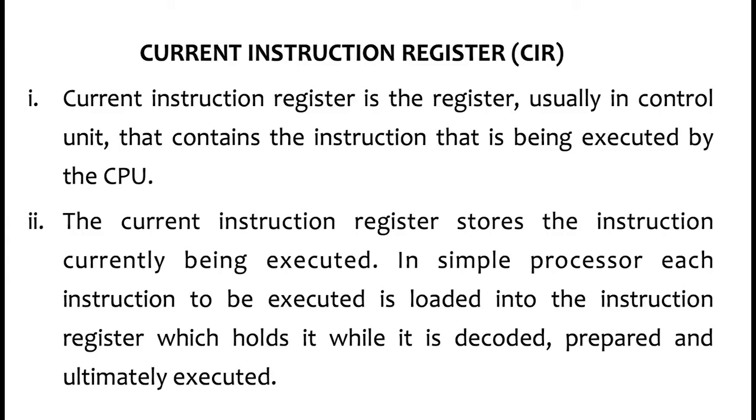The next is that the current instruction register stores the instruction currently being executed in a simple processor. Each instruction to be executed is loaded into the instruction register, which holds it while it is decoded, prepared, and ultimately executed. What do you mean when we decode?